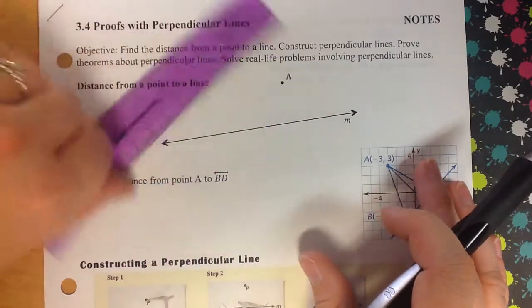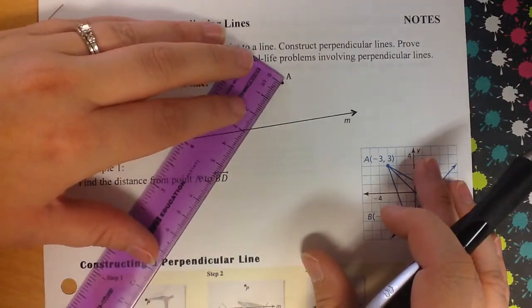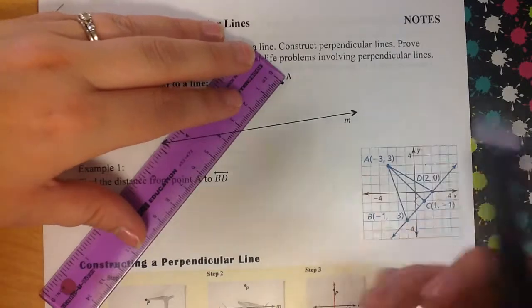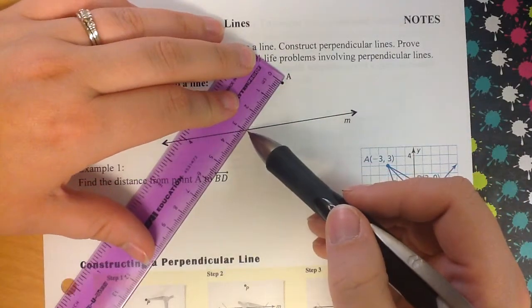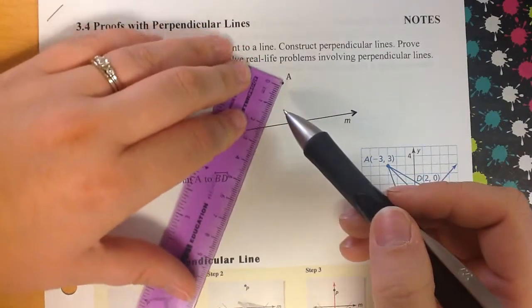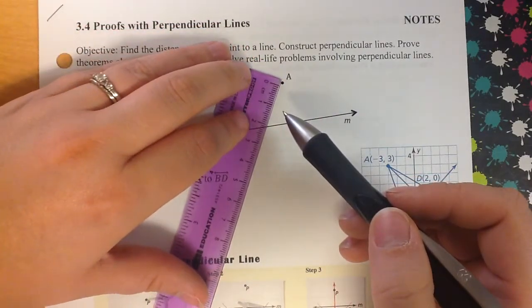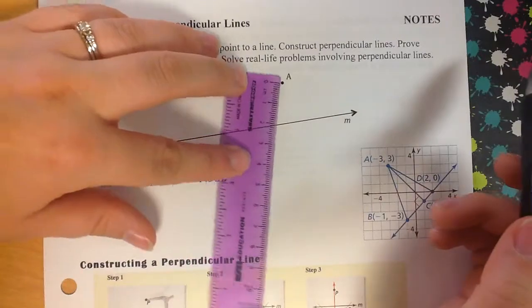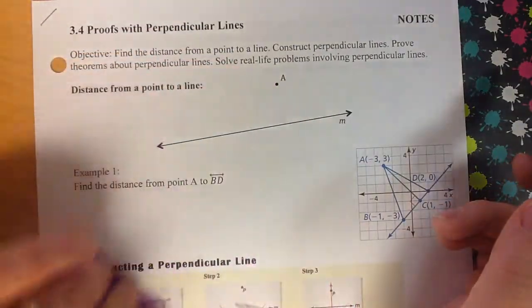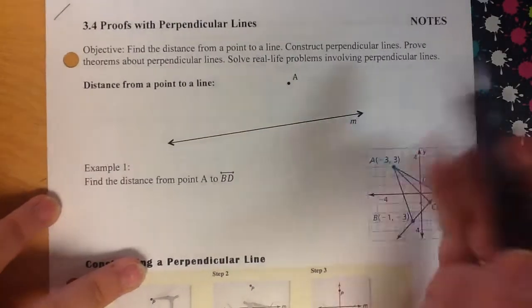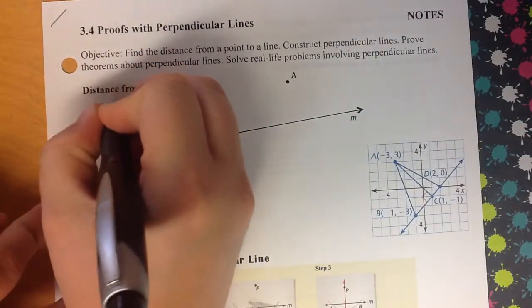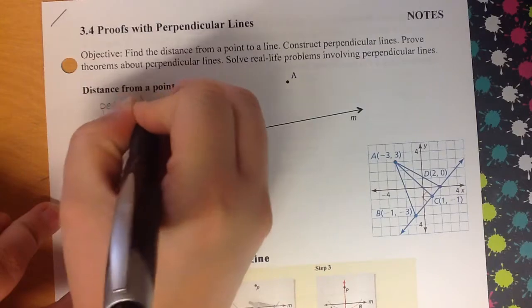But if I measure, let's use metric, from here to here, from point A to the line, I can get 3 centimeters. I can also get 2 centimeters if I go there, and so forth and so on. So when we're talking about the distance from a point to a line, it needs to be that perpendicular distance.